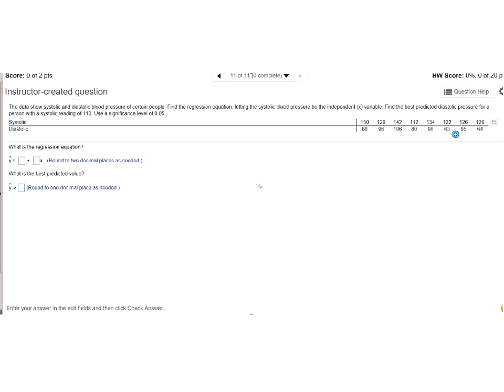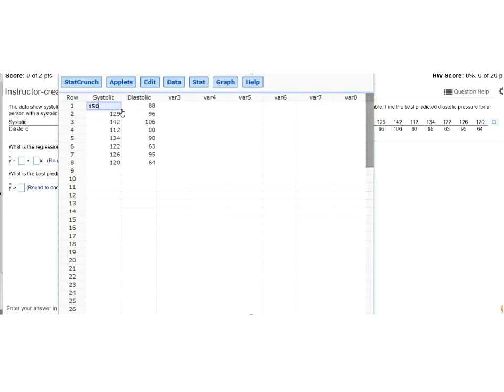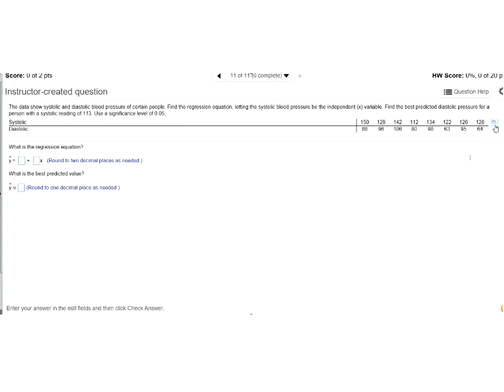If we went ahead and clicked on that, it's going to put your numbers, even the column headings, in StatCrunch for you. Now if it doesn't give you that option, so if it only says copy to clipboard or open in Excel, there's still another way that you can use StatCrunch for this. It just means that you'll have to type in the numbers yourself.